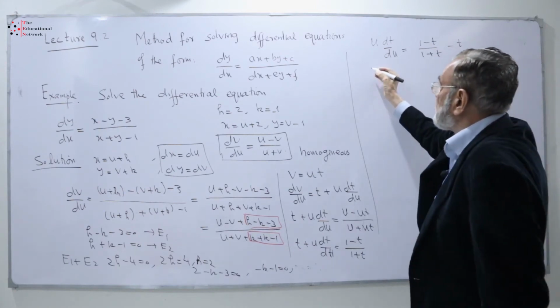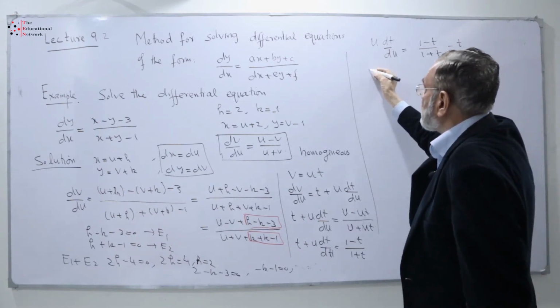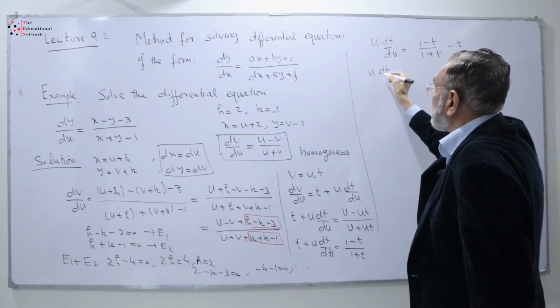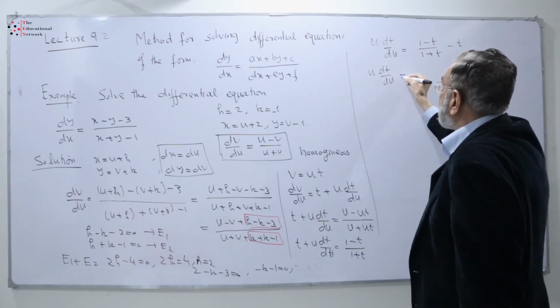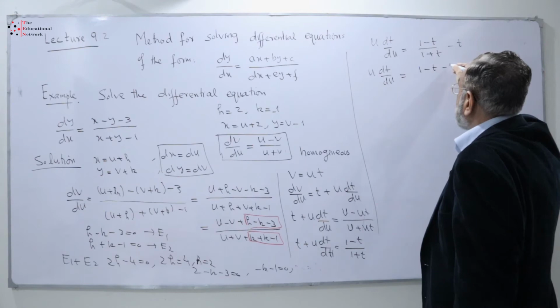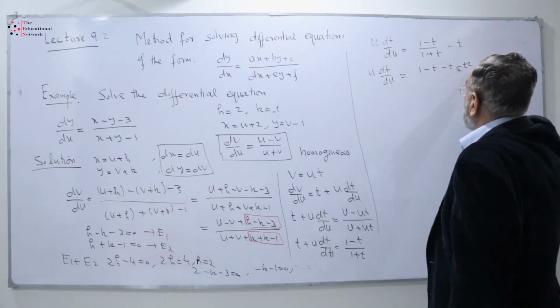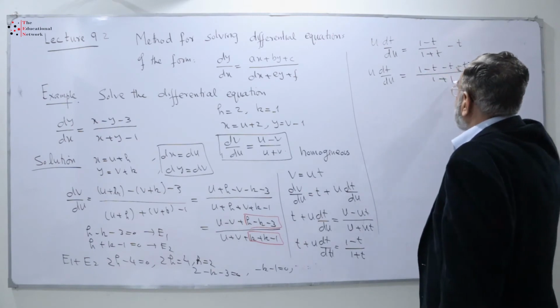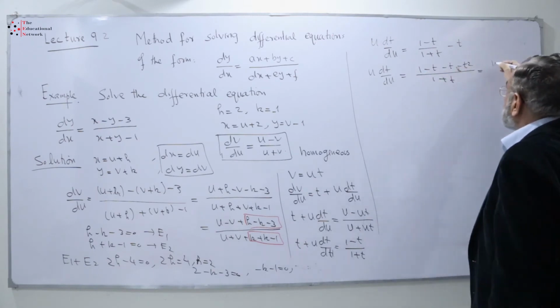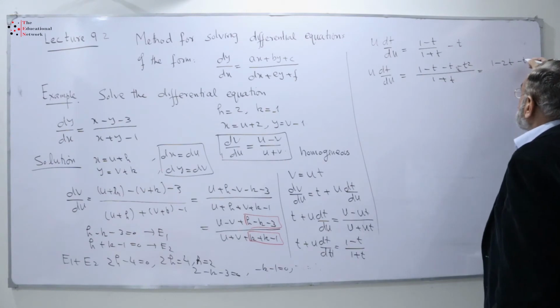Simplifying, we get 1 minus t minus t minus t square over 1 plus t, which is 1 minus 2t minus t square over 1 plus t.